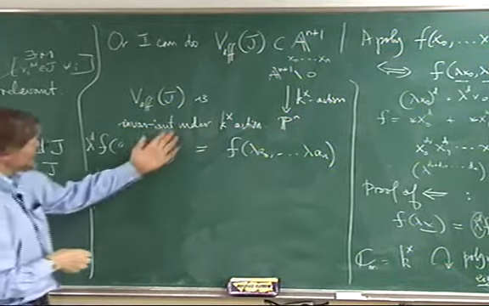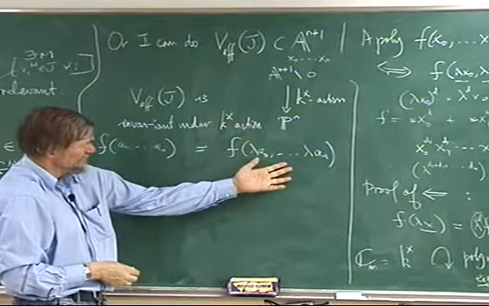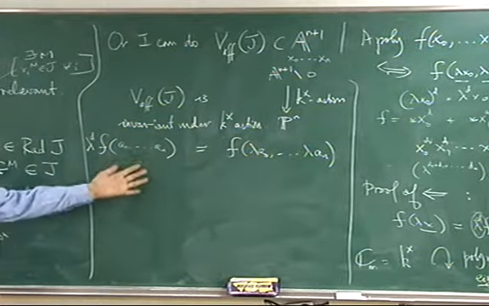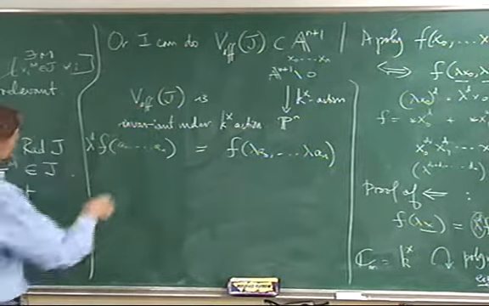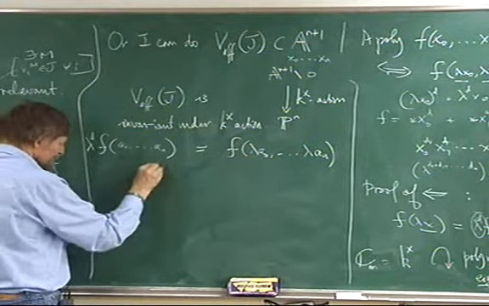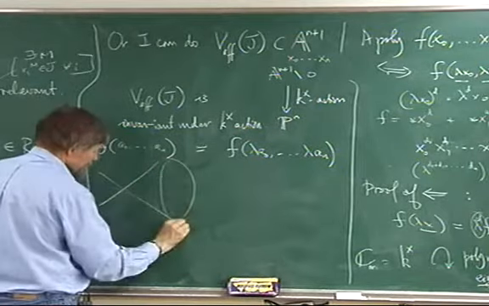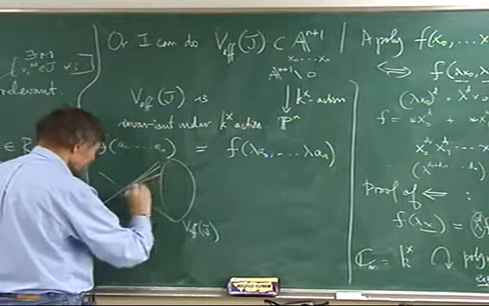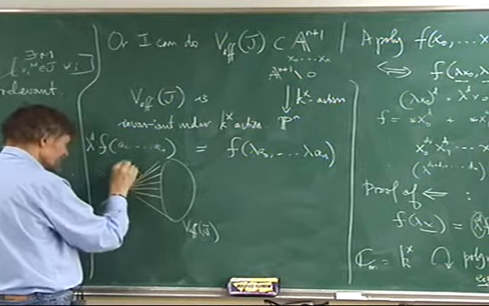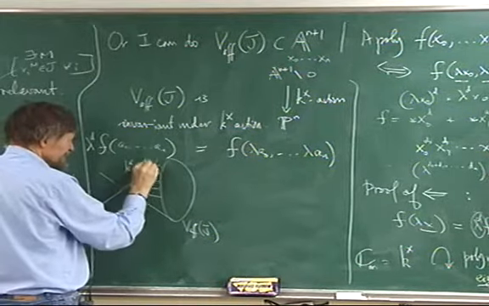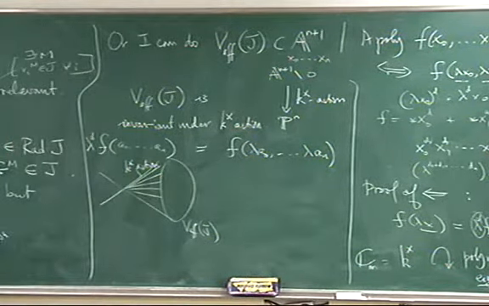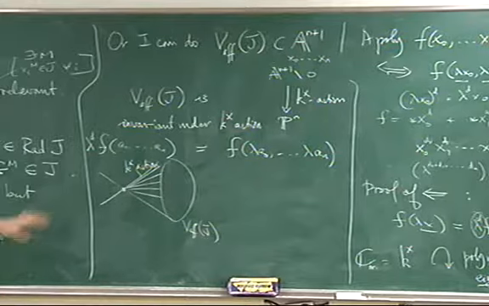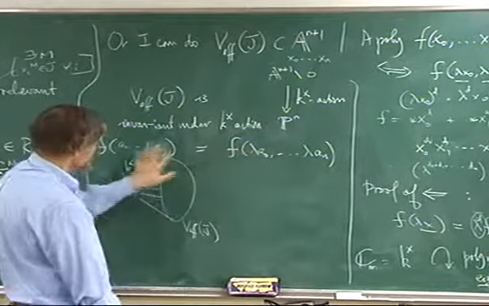So I'm writing down the condition that the polynomial equals 0, and that's saying that this is 0 if and only if this is 0. Here is V affine of J, and these lines are the orbits of the k star action. Obviously the origin is a little bit special here. If this is the origin, the origin doesn't go anywhere.